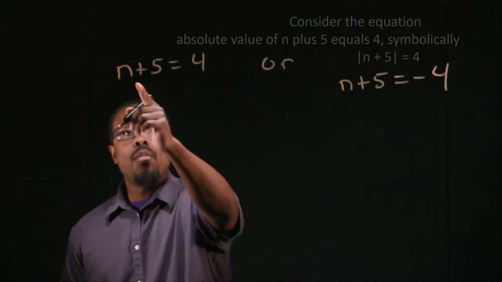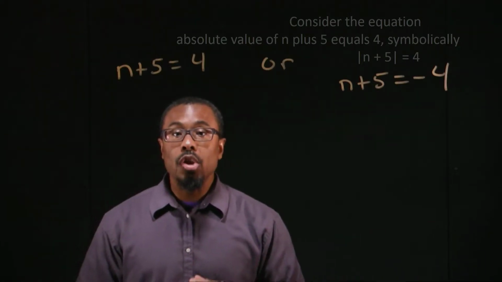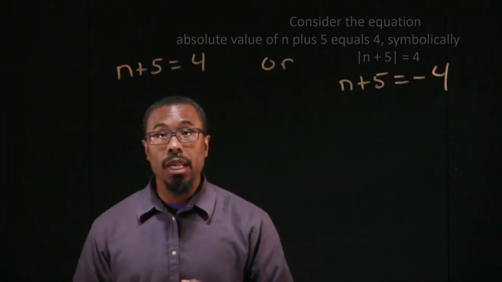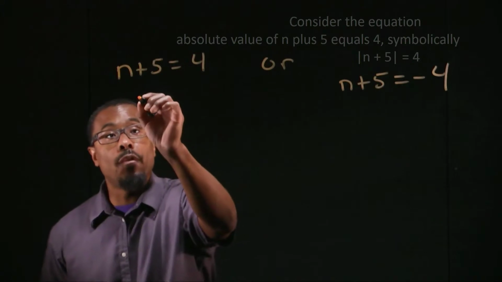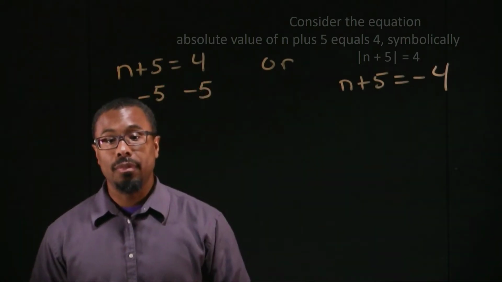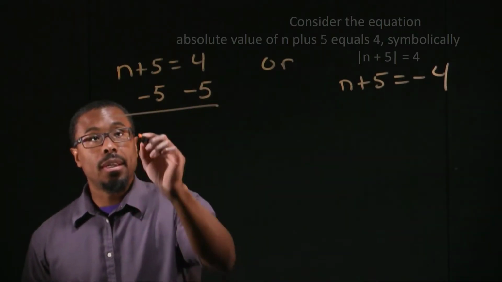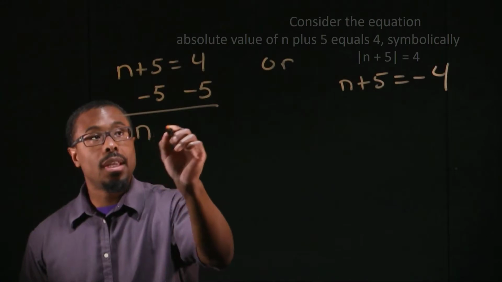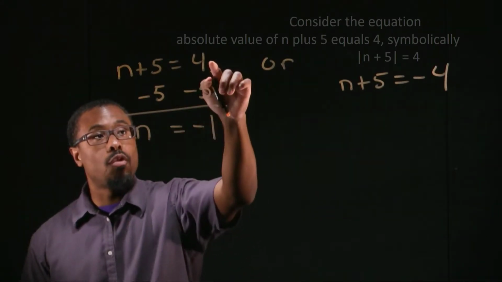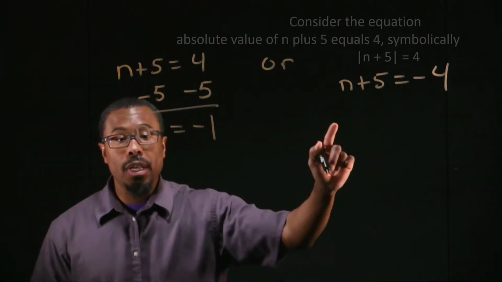So 5 more than a number is 4. What would be the number? In order to find this number, we do the inverse operation and subtract 5 from both sides. Now we get n equals negative 1, since 4 minus 5 is negative 1. Or 5 more than a number is negative 4.